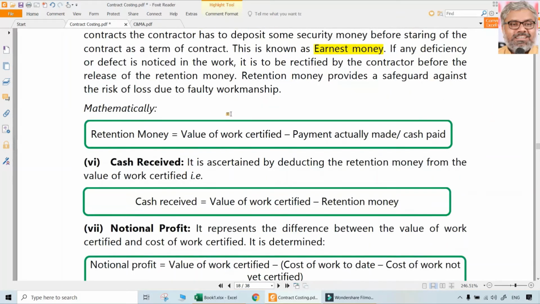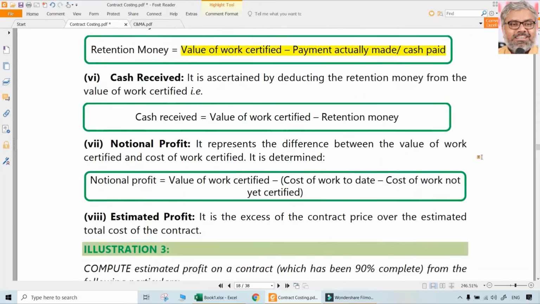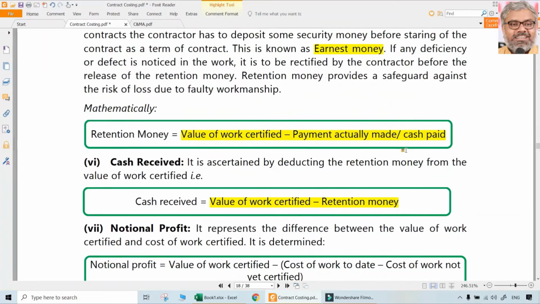So what is retention money, simply speaking? Value of the work certified minus payment actually made, or cash actually paid, that is retention money. Then what is cash received? Value of work certified minus retention money. So always we should understand the receivable from the contractee is only towards the value of the work certified.